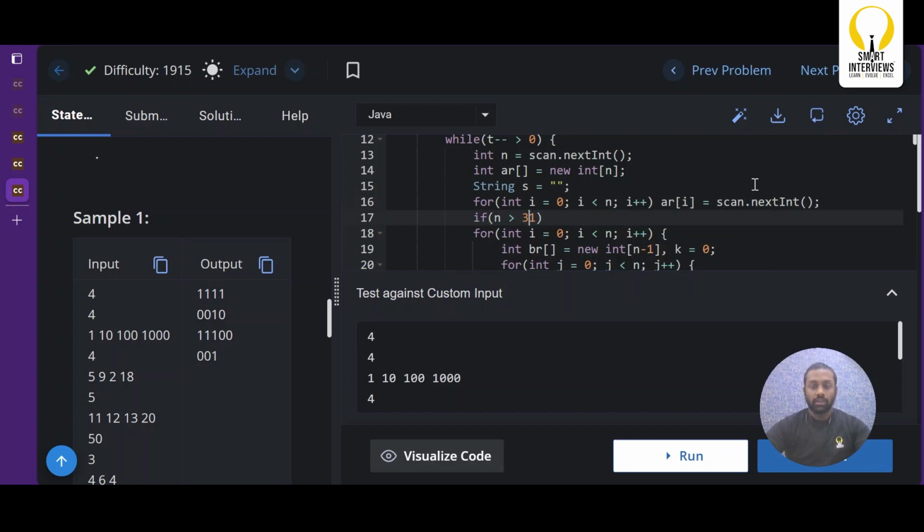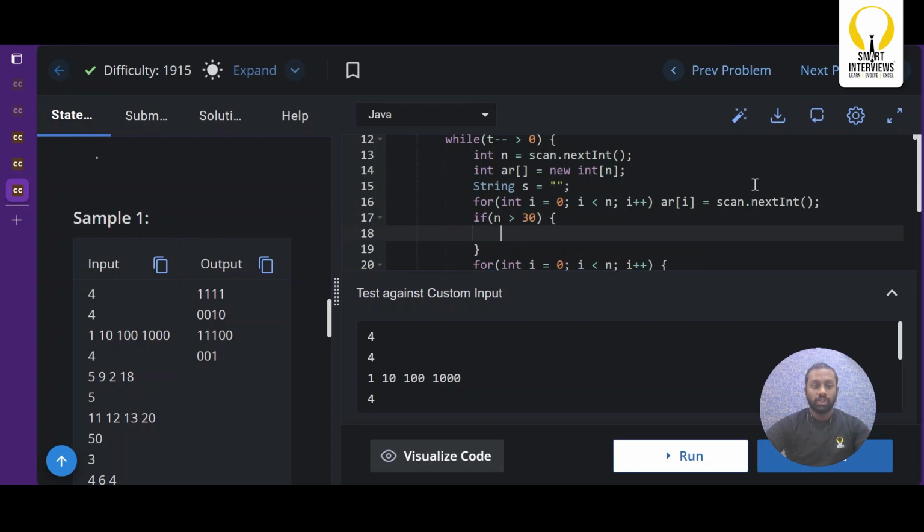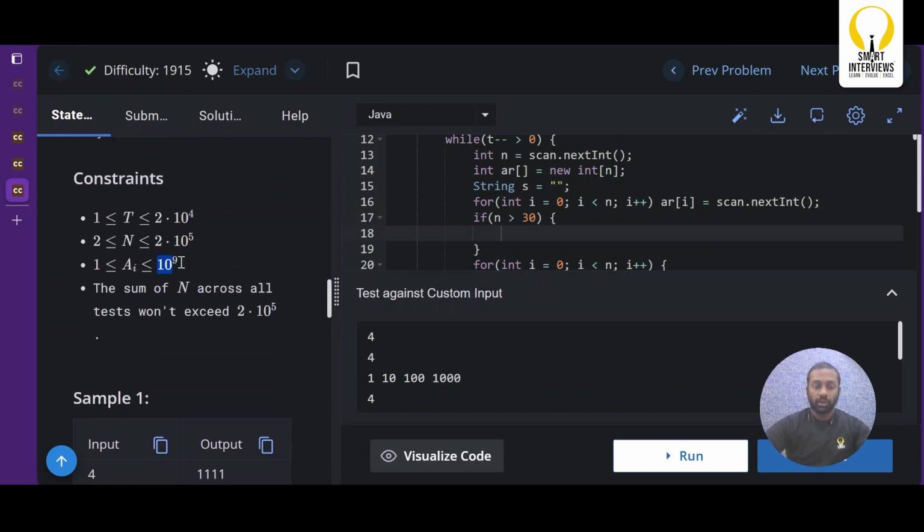That is, it is greater than 30, because I know that I will get only 10 power 9 as the maximum element for 30 elements. Greater than 30 elements, it definitely has to be something more than 10 power 9. So if n is greater than 30, then no matter how many elements I remove, I still will not get a smoothly increasing array.